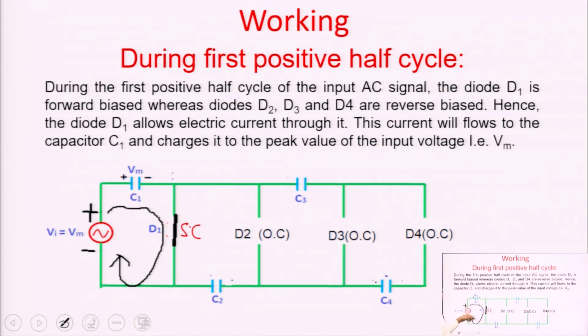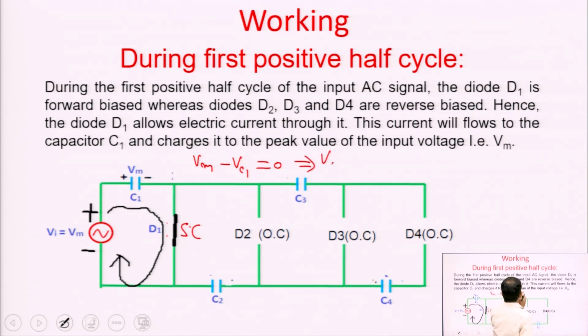Then C1 will get charged in the clockwise direction and the voltage across C1 becomes Vm. Why Vm? If we apply KVL, the equation will be: Vm minus Vc1 equals 0.